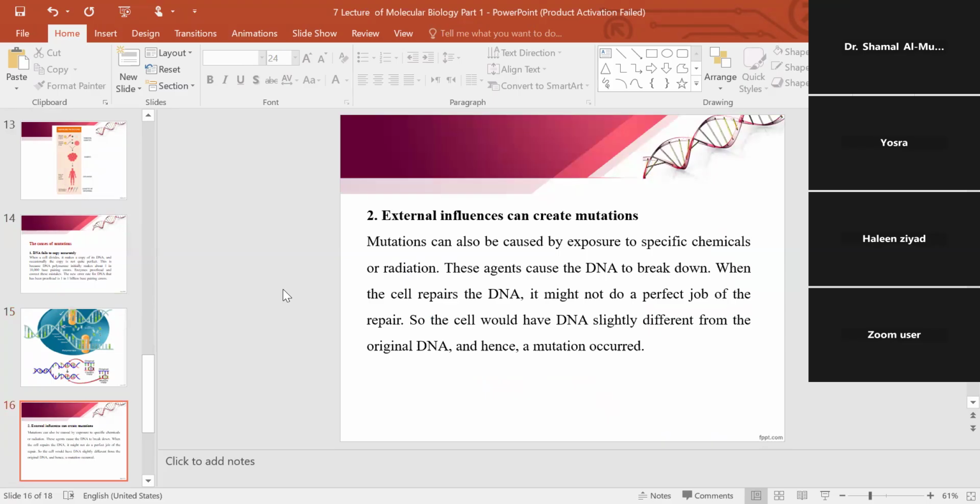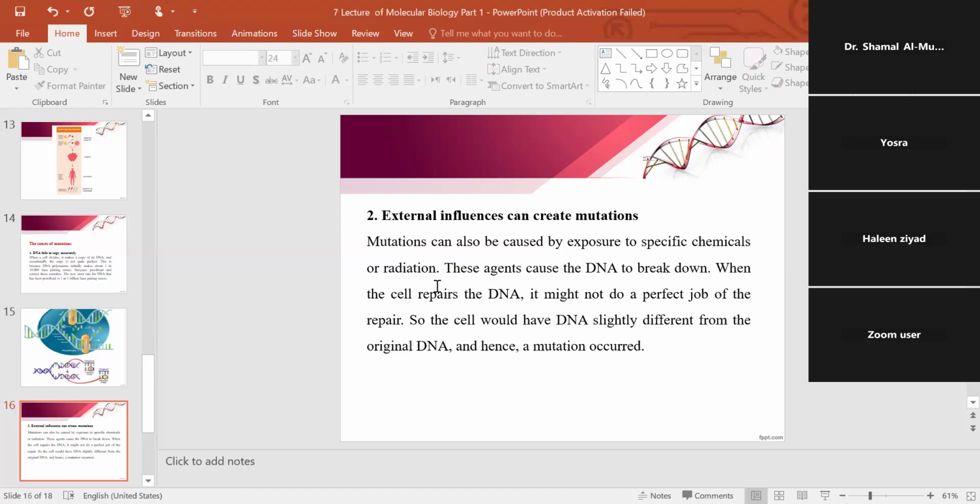External influences can create mutations. Mutations can also be caused by exposure to specific chemicals or radiation. As I mentioned before, these agents cause the DNA to break down.